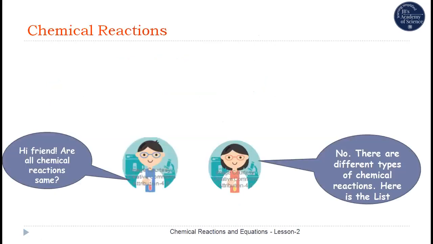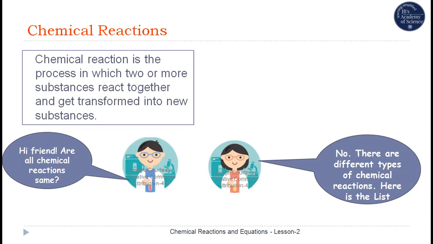Chemical reactions. So we have learned what is a chemical reaction in the previous lesson. Chemical reaction is the process in which two or more substances react together and get transformed into new substances. Now, are all chemical reactions of the same type?